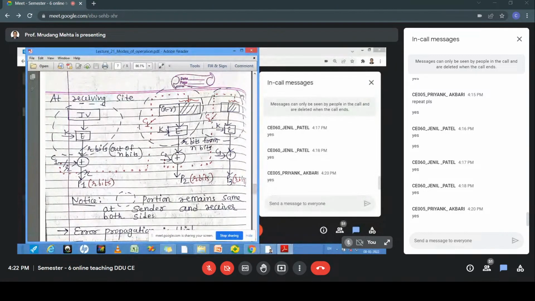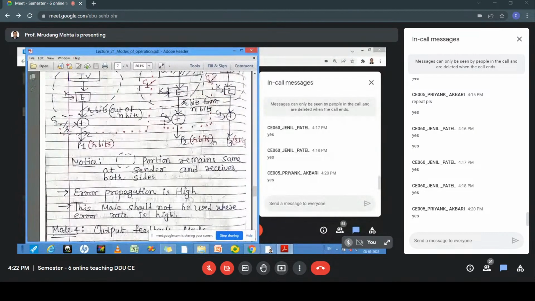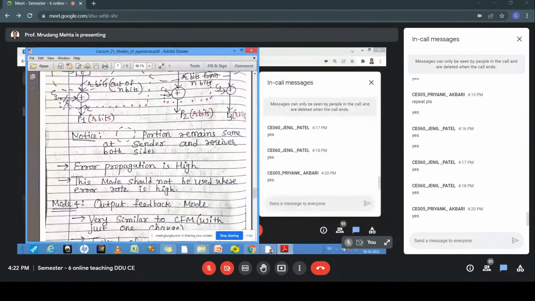So you can do all these steps in parallel also. So that is the advantage. But the problem is that the error propagation is high. So this mode should not be used where the error rate is high.